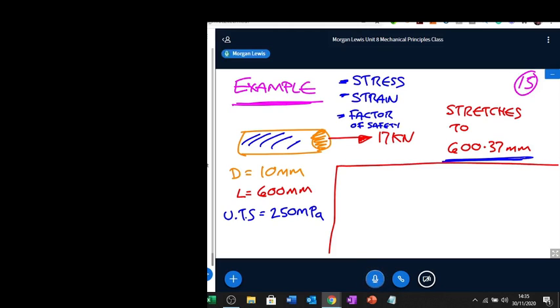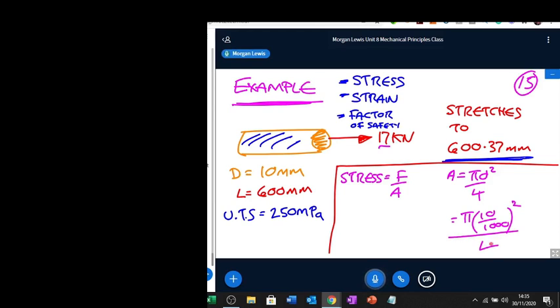So stress, to begin with, easy. Force over area. We know the force. The area is going to be pi d squared over 4. There's pi. D is 10 mil, don't forget, divided by 1,000. Square it, divided by 4. That's the area. No news there, it's the same as before. 10 divided by 1,000 to get into meters, square that, times it by pi, and divide it by 4.